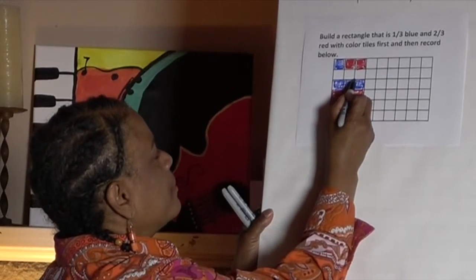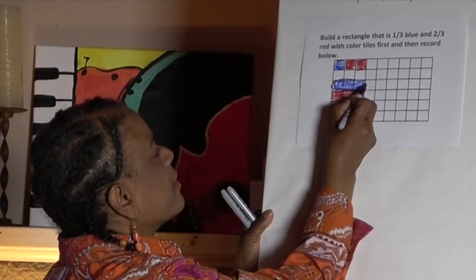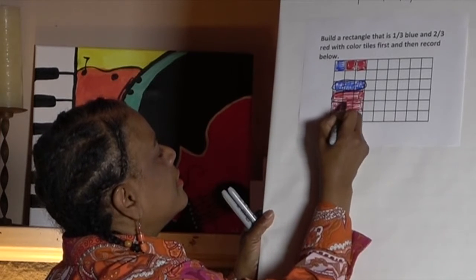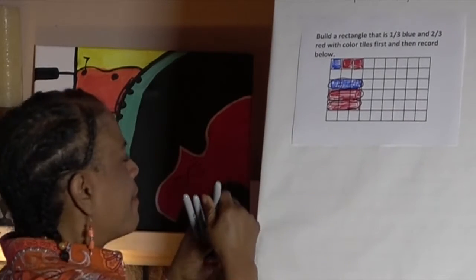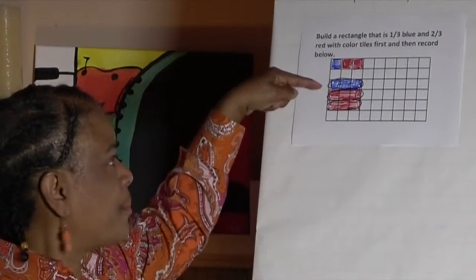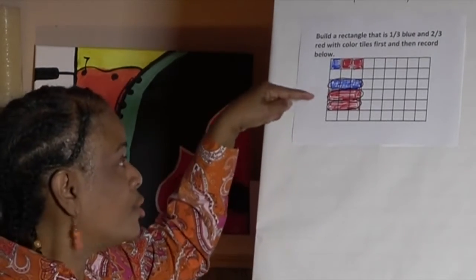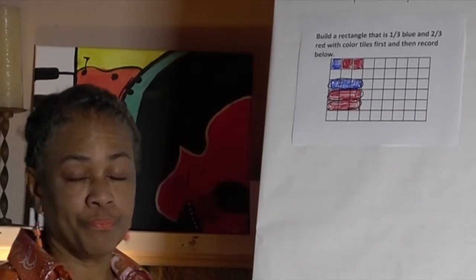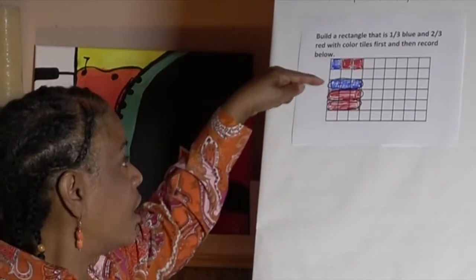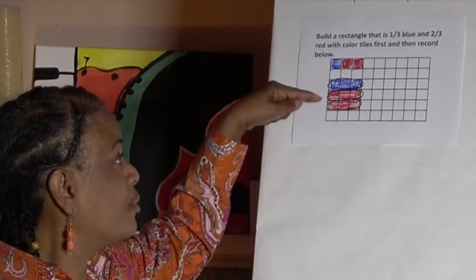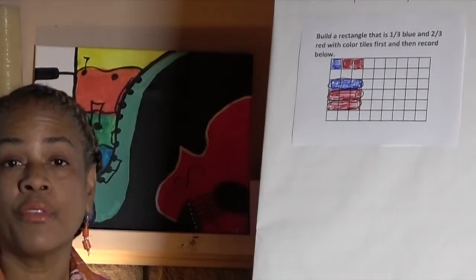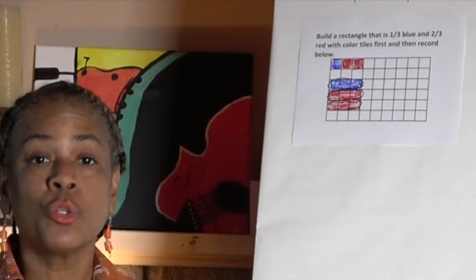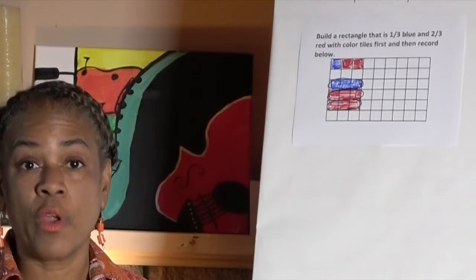I would expect them to say, well, I have 3 parts, Dr. Jones. I have 3 parts. 1 of the parts is blue, and 2 of the parts is red. So 1 out of 3, 1, 2, 3. So I'm looking at the rows. 1 row out of 3 rows is blue, and 2 rows out of 3 rows is red.